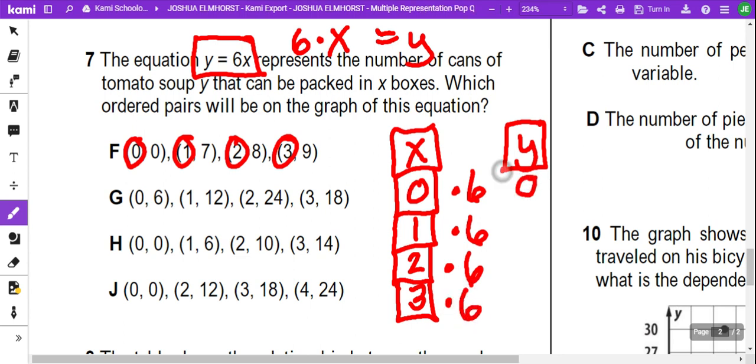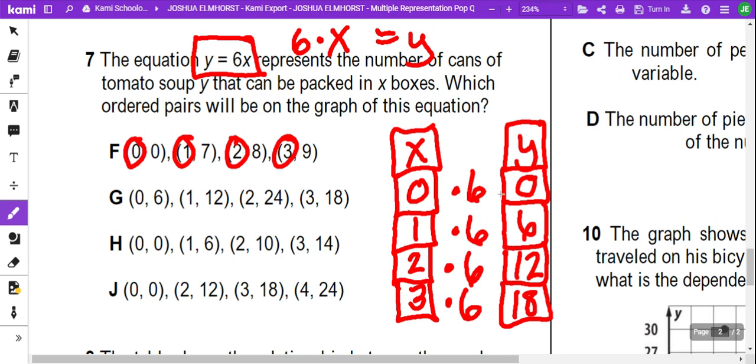So that's going to be 0, 0, 1, 6, 2, 12, and 3, 18. Okay, so we got 0, 0, and we have 1, 6, that should be 6, and then 2, 12.